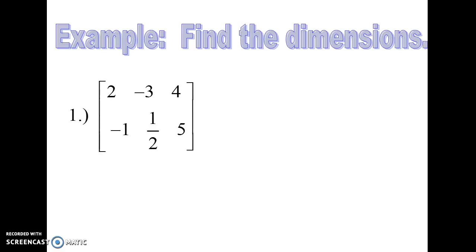So let's look at actually finding some dimensions. Let's look at this first one. Notice there are 2 rows, and there are 1, 2, 3 columns. So the dimensions would be a 2 by 3. Let's look at our next one.